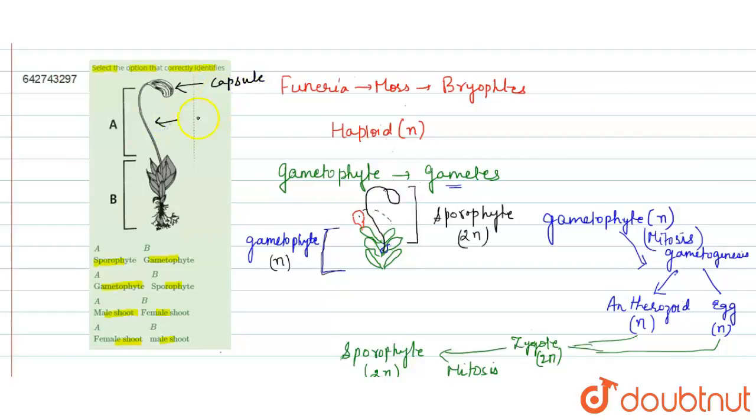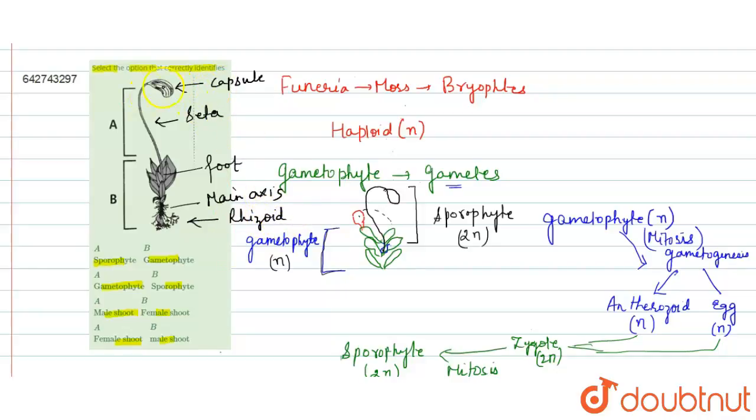This filament-like structure is known as the seta. The basal part is known as the foot. These are the main axis, and this root-like structure is the rhizoids, which is root-like but not the actual root.